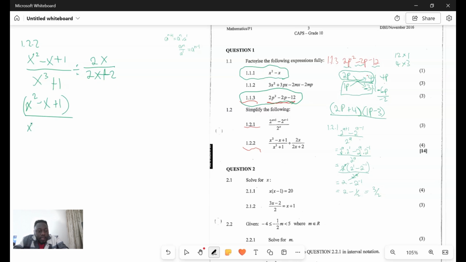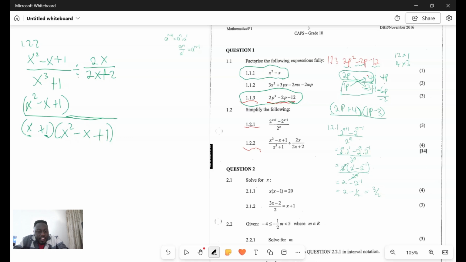Here you will write it as a sum of cubes and factorize this. So it will be something like this: x plus 1, times x squared minus x plus 1.